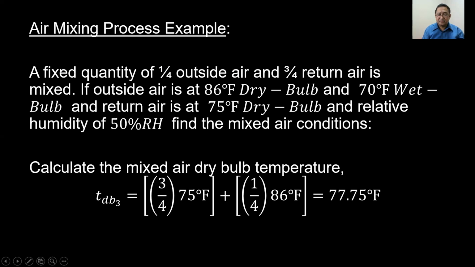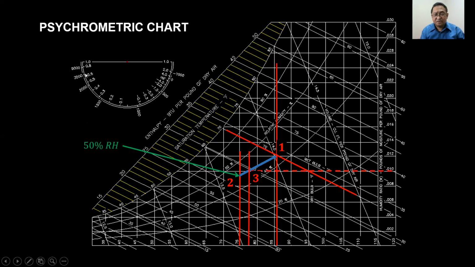We find the mixed air conditions. We calculate the mixed air dry bulb temperature as follows: 3/4 times 75 plus 1/4 times 86. The result will be 77.5 degrees Fahrenheit. So we can show this here.